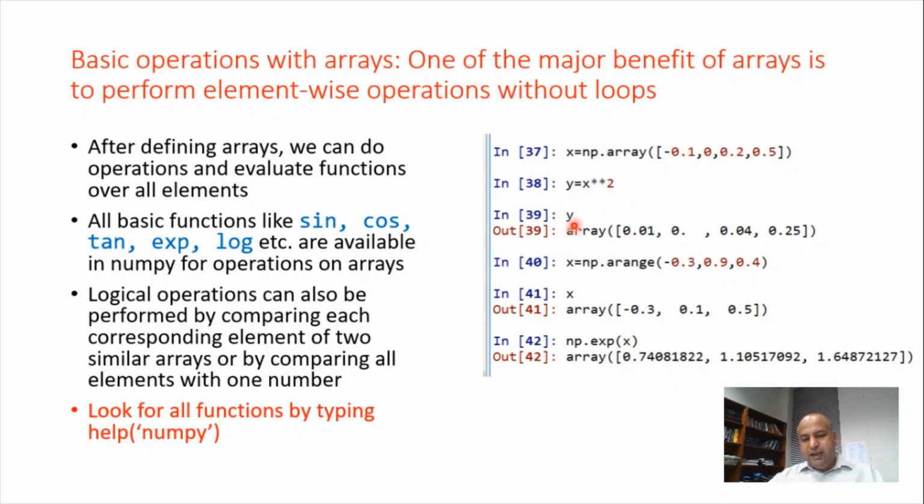It will give me an array that has the square of each of its elements. For example, I can create this x array using a range from -3 to 0.9. It's here, and I can find the exponential of each element by writing np.exp of x. So this is an array whose each element is the exponential of the corresponding element in x here. The other functions available, like we can do sine, cosine, tangent, exponential, log, etc.